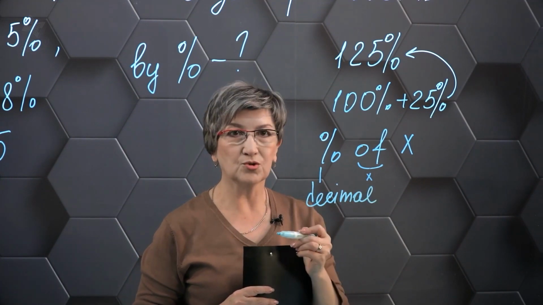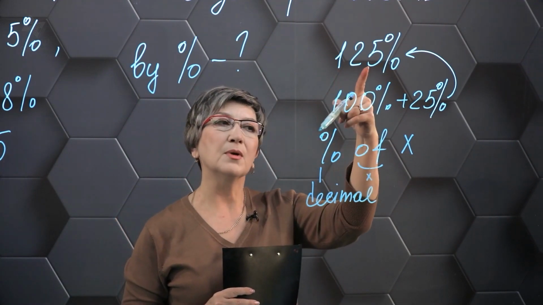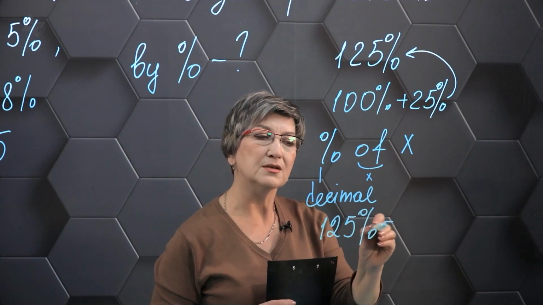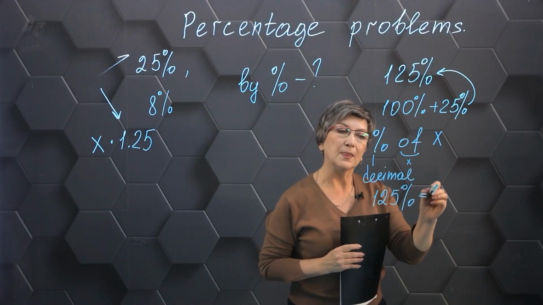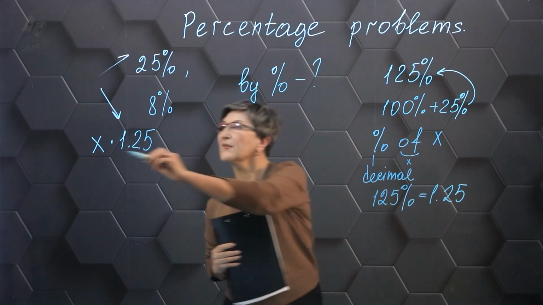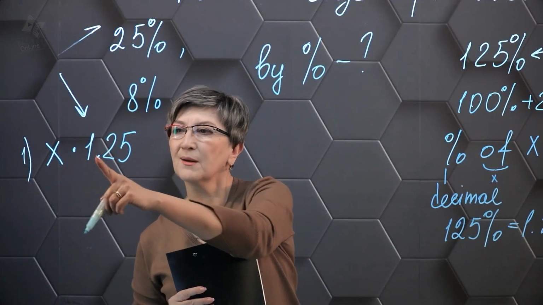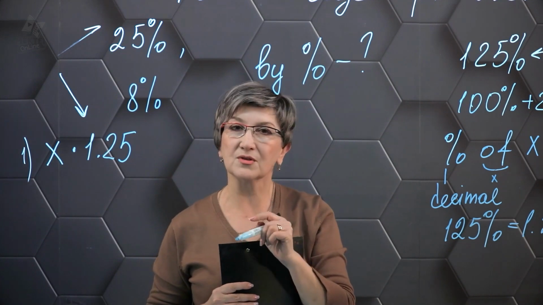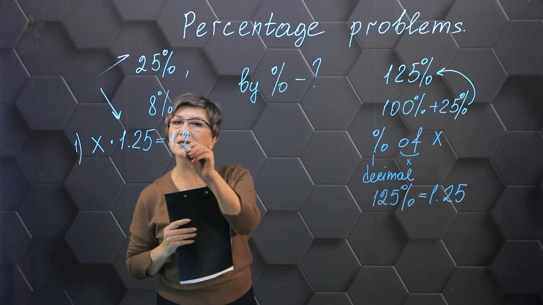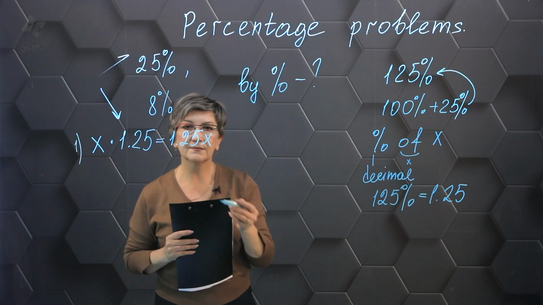So I converted 125% into a decimal fraction by expressing it as a value out of 100. It is going to be 1.25, and please take note that the very first thing I did was to multiply our number by 1.25.